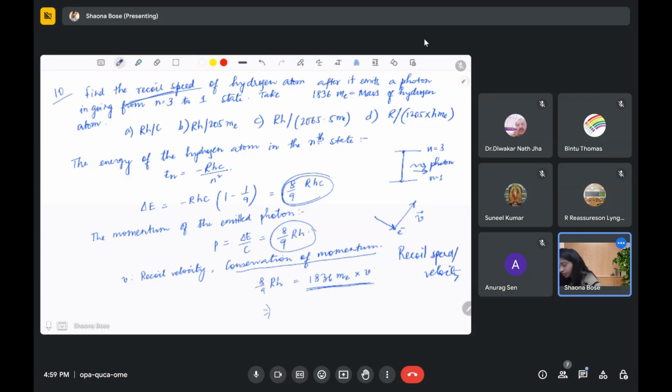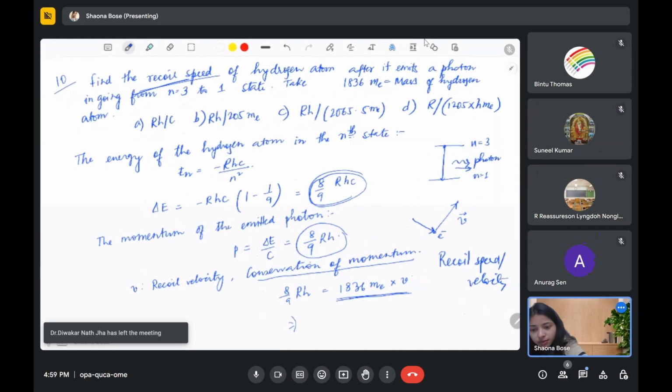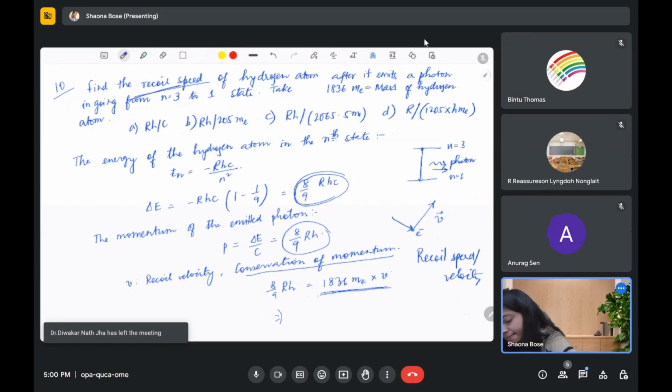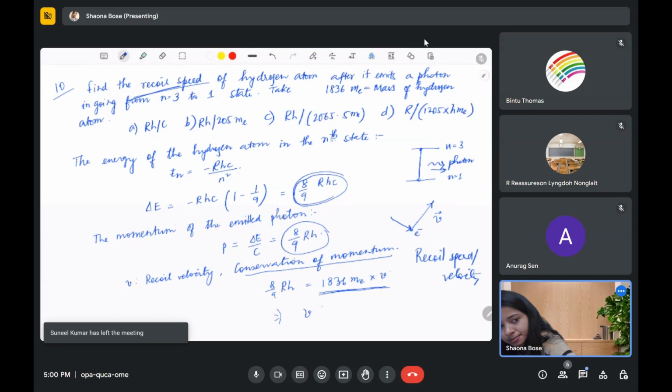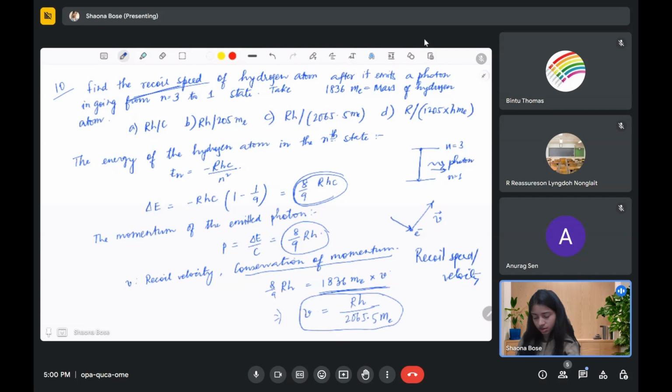And from here, if you plug in the values, you will get RH by 2065.5 mass of electron. And that's it.